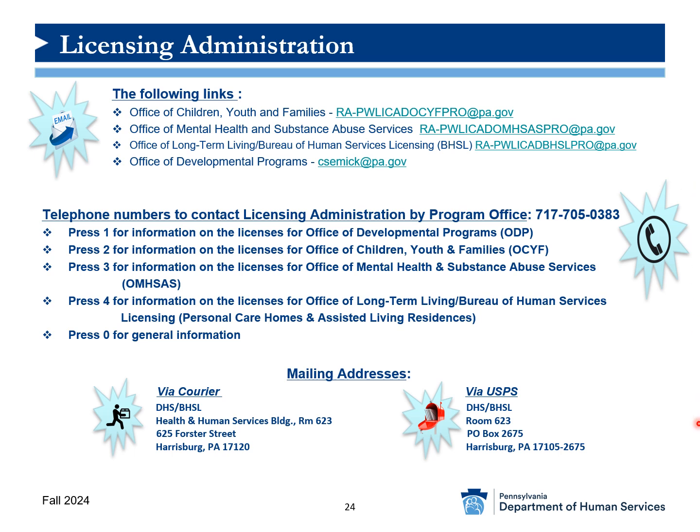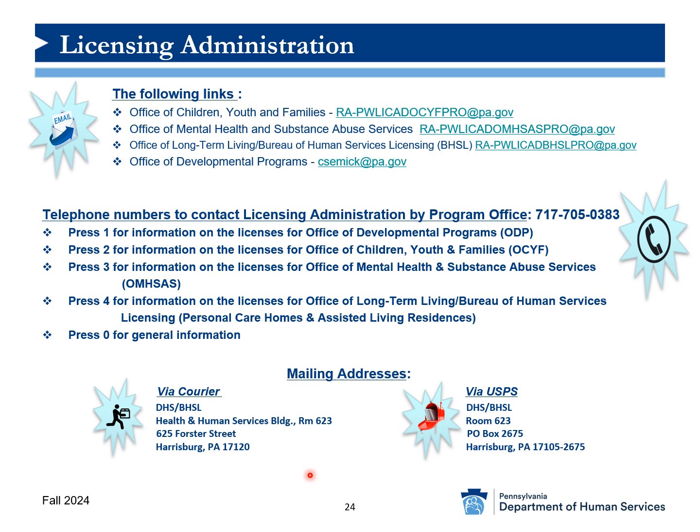The application fee and civil rights compliance form have to be sent as hard copy via either a courier such as UPS or FedEx, or via the United States Postal Service. But it must be sent for a personal care home or assisted living residence to the Bureau of Human Services Licensing. Those addresses are listed here.